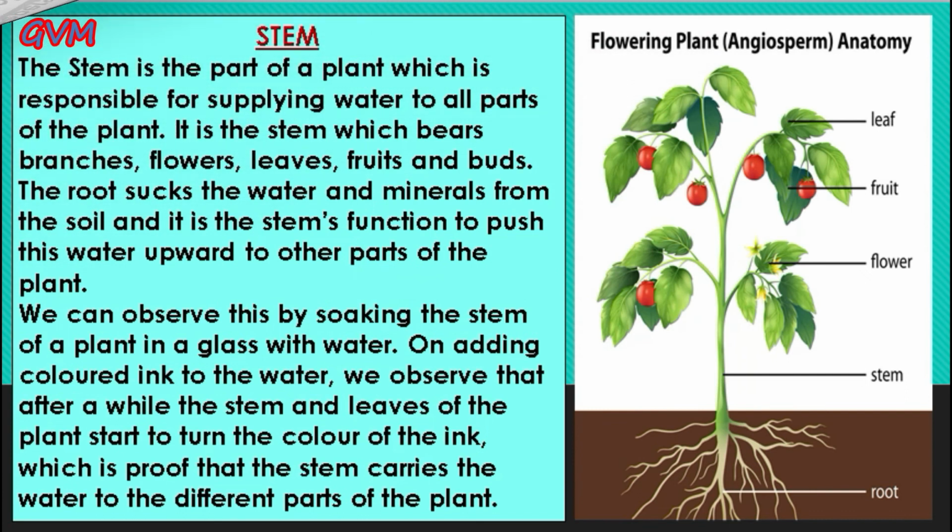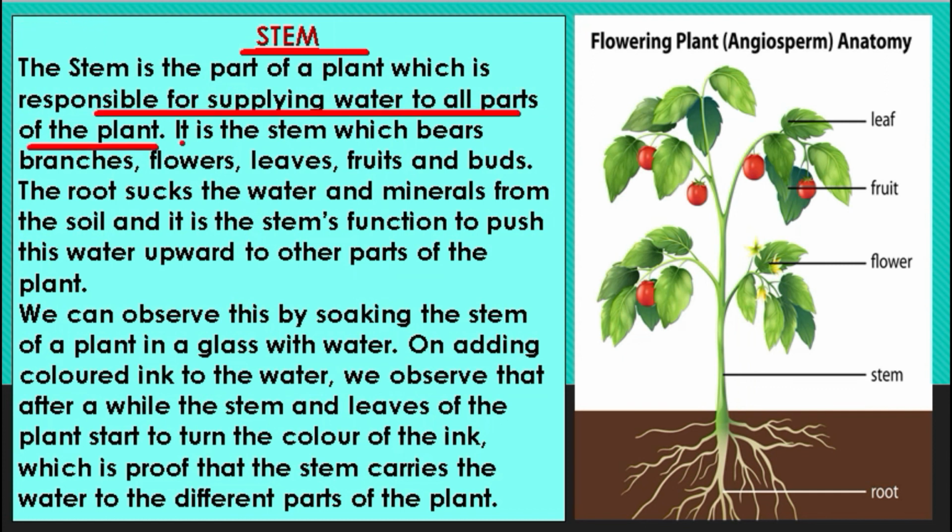Now students, from this section onwards we are going to learn and discuss the different parts of a plant. And the first one is the stem. Students, the stem is that part of the plant that connects the roots to the leaves, and it also helps to transport absorbed water and minerals to different parts of the plant.